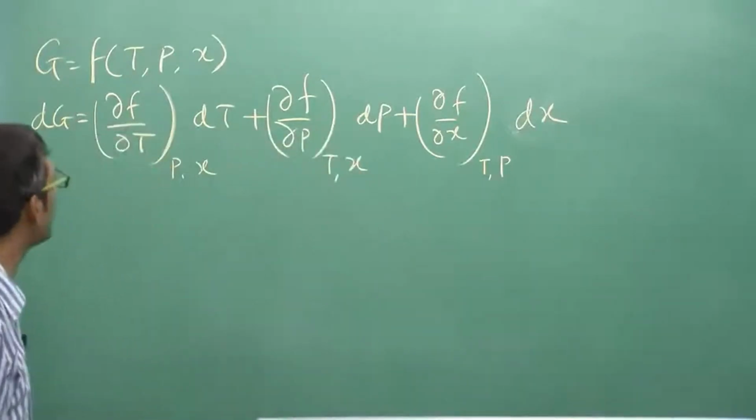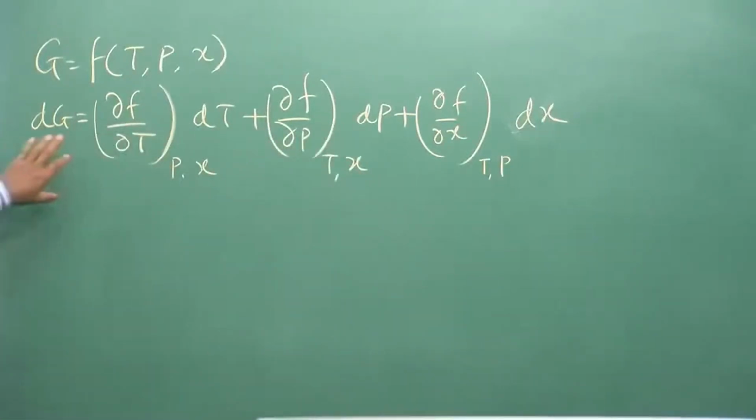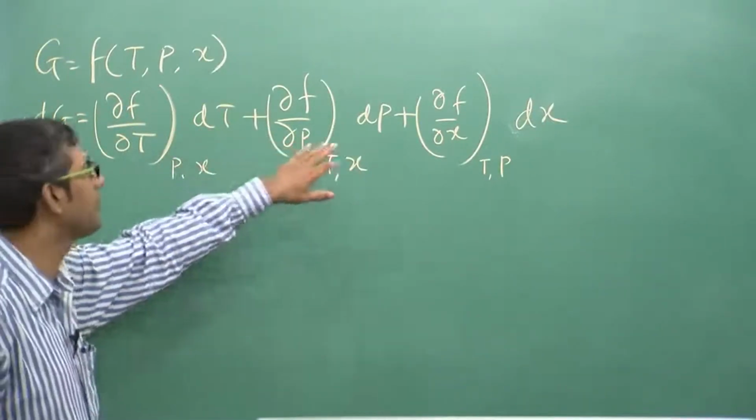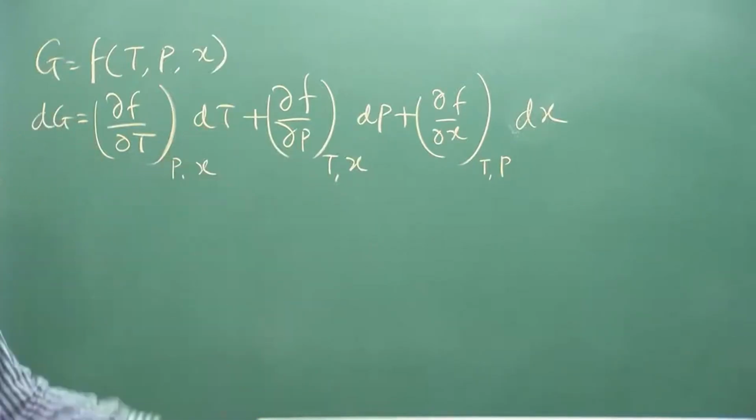This is a mathematically correct equation. Total differential is nothing but partial differentials multiplied by these differentials added together.